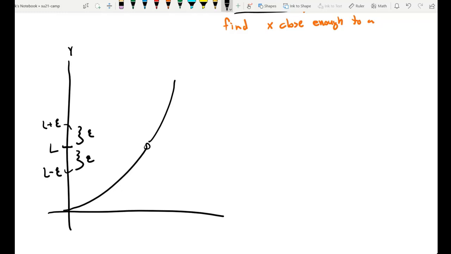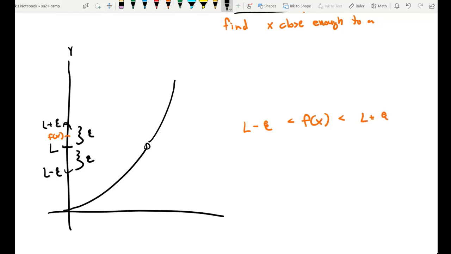Okay. So now when we say that we want f of x to be close to the limit, we mean that we want f of x to be in that interval. So f of x has to be more than L minus epsilon and less than L plus epsilon.